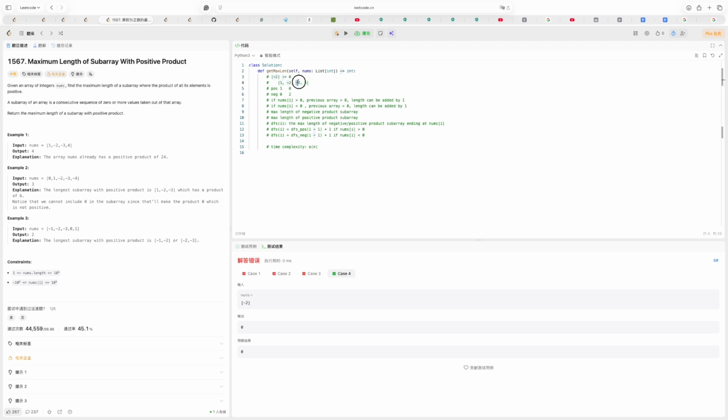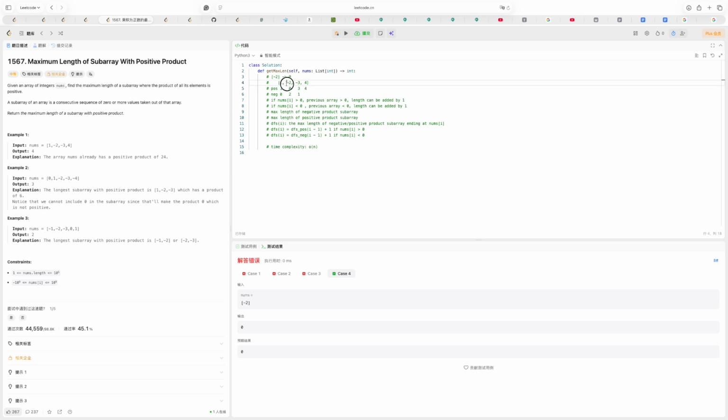And for -3, positive is 3. Yeah, and this is also a subarray, 2. And this is negative, it is 1. And for 4, the positive will be 4.